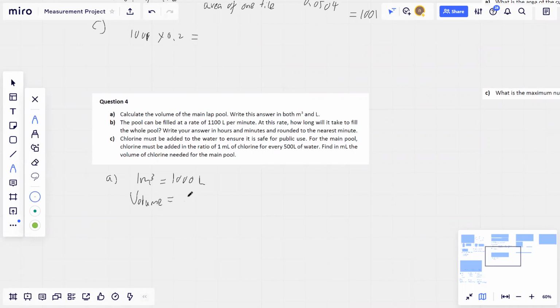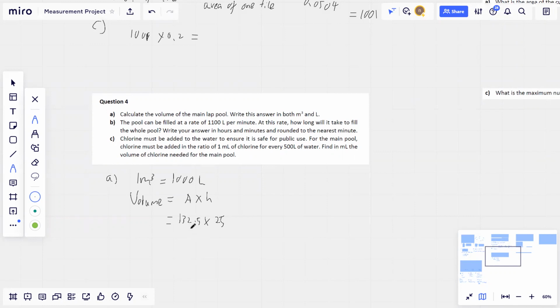Volume equals area times height. The area is the cross-sectional area, that's the side view, so that's 132.5 times 25, because 25 is the height. So you do the calculation for the answer.